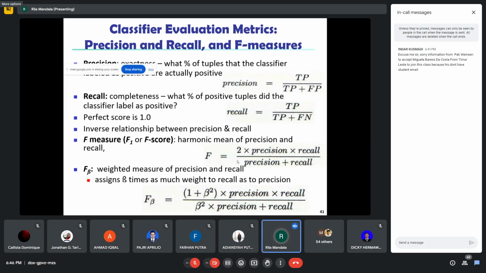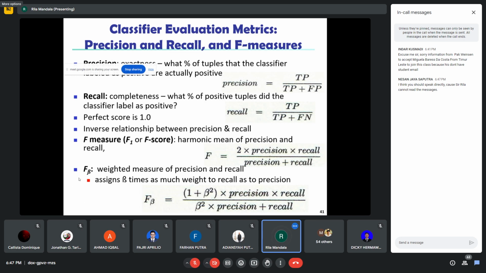So instead of using the constant 2 here, we use the formula 1 plus beta squared. And in the denominator, we have beta squared. So it is 1 plus beta squared multiplied by precision multiplied by recall, divided by beta squared multiplied by precision plus recall.